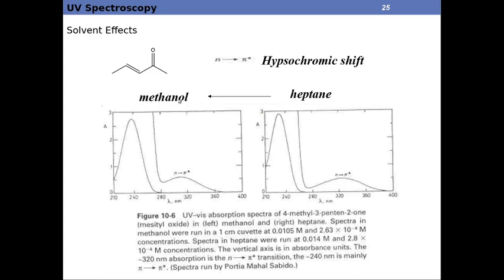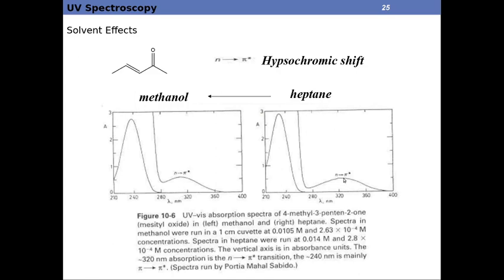So if you take the spectrum of the same compound in a much more polar solvent, you shall be able to see that this absorption peak corresponding to the n to pi star transition shifts its absorption maximum from 325 nanometer to say around 310 nanometer.